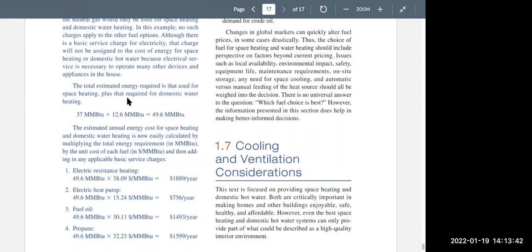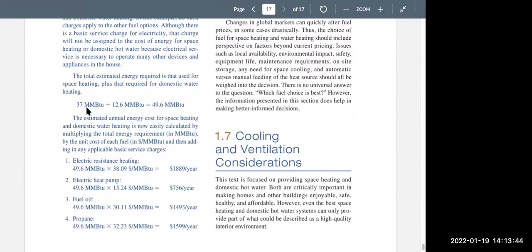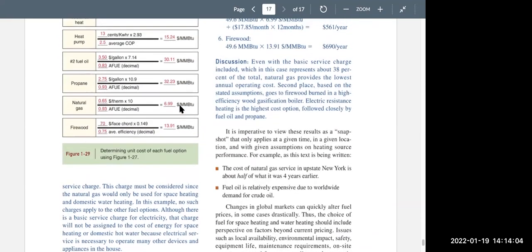So what we understand is that this family has a total of 49.6 million BTUs a year that they need. How do we figure out, lastly, if we're going to use one fuel versus another, how much it's going to cost? That's where this chart comes in.